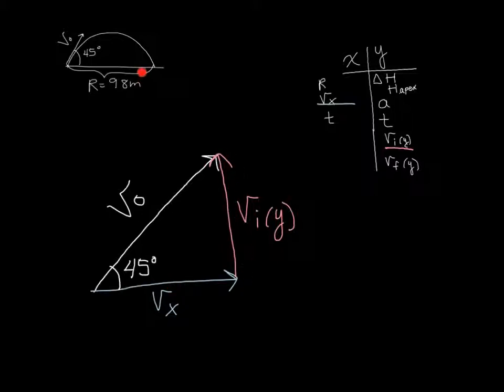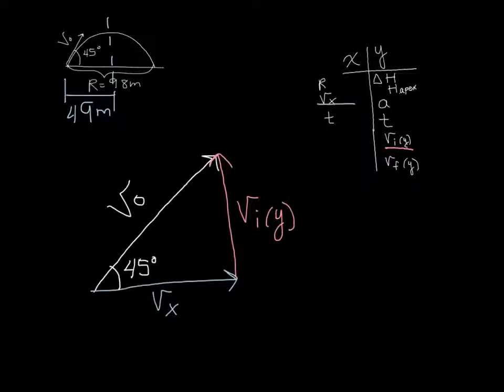So what we assumed was, if we take a look at this trajectory and cut it in half the way that I just divided it up here, we could say that half of the range is only 49 meters, like from here to here.